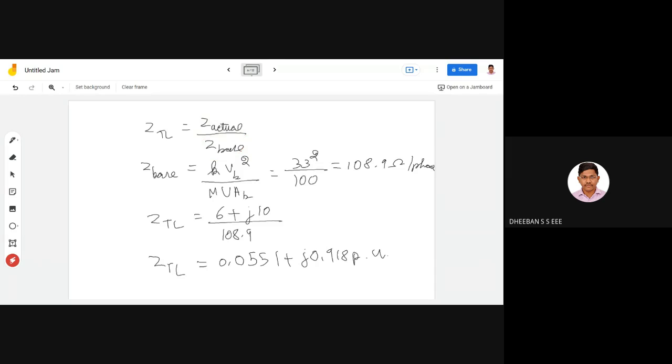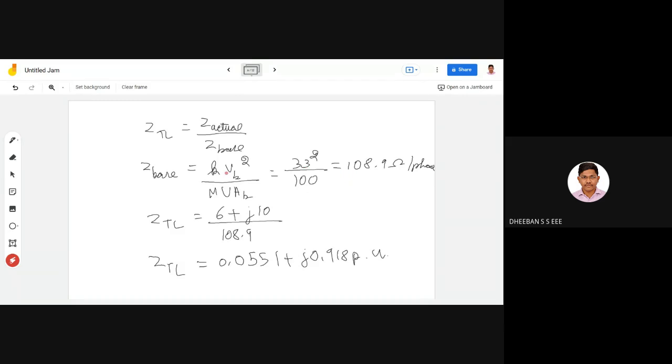Your Z base is the base voltage squared divided by the base MVA. After the jump, the base voltage is 33 kV, so Z base is 33 kV squared divided by the base MVA of 100. These other steps you already know from the first unit, so just recall them.